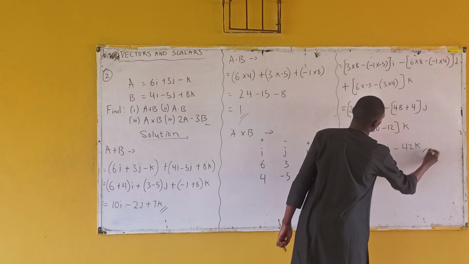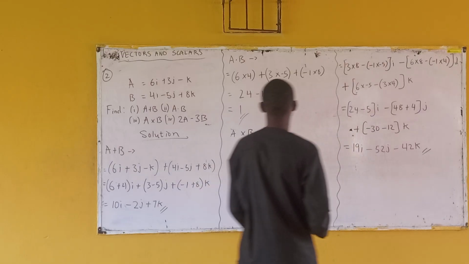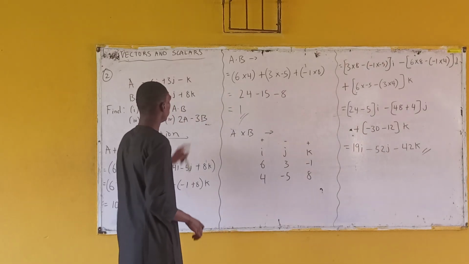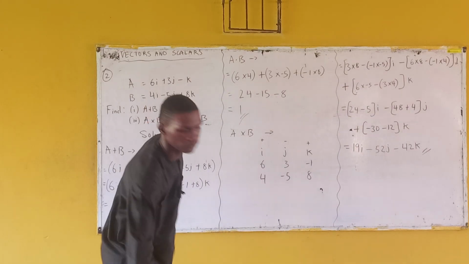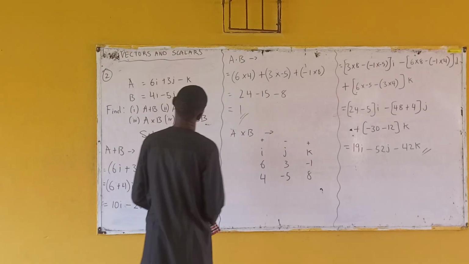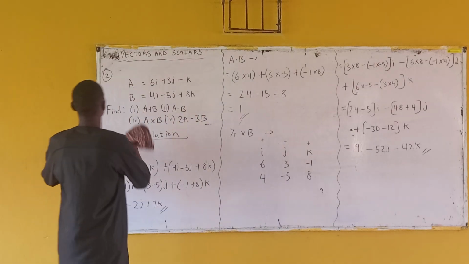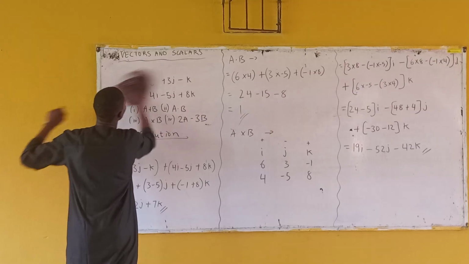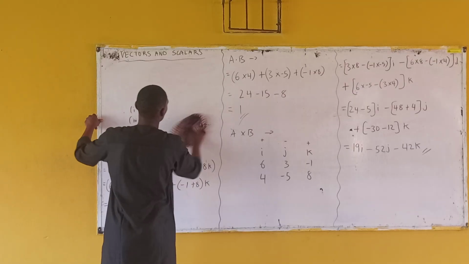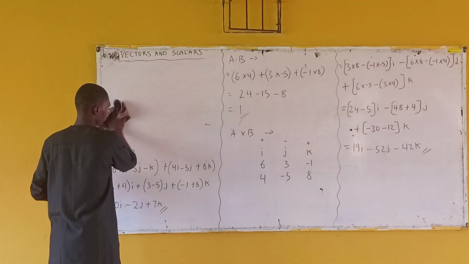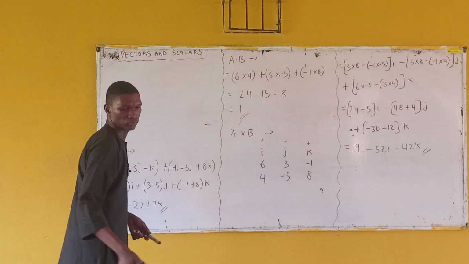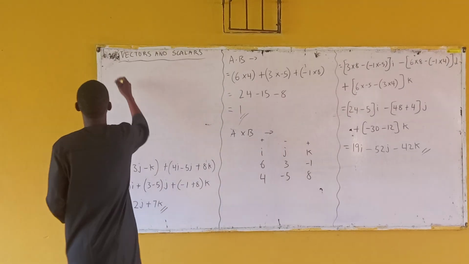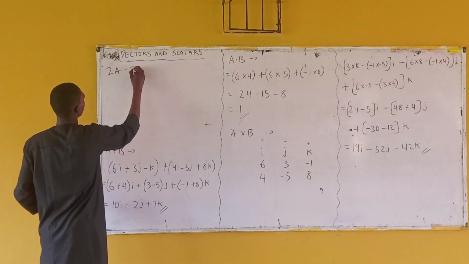So let's do 2A minus 3B next. 2A minus 3B.